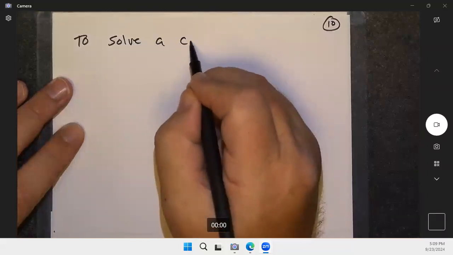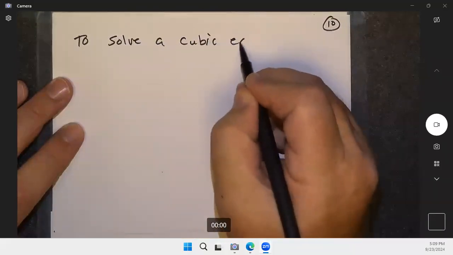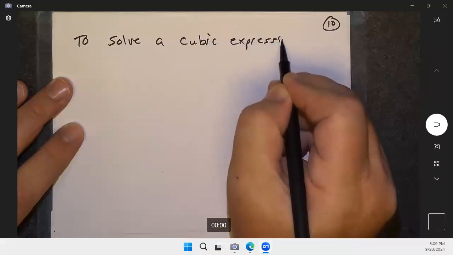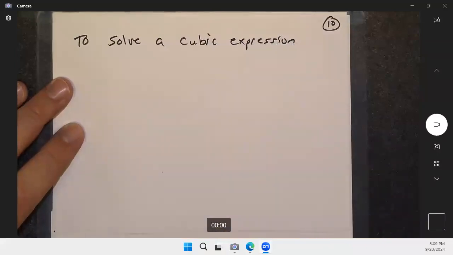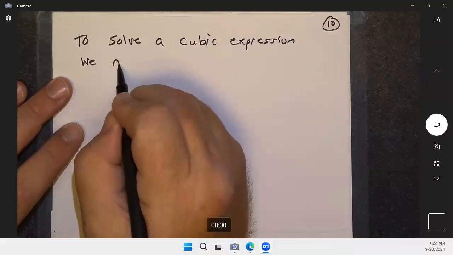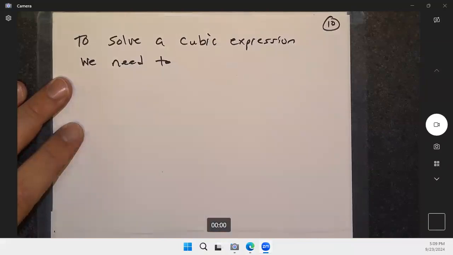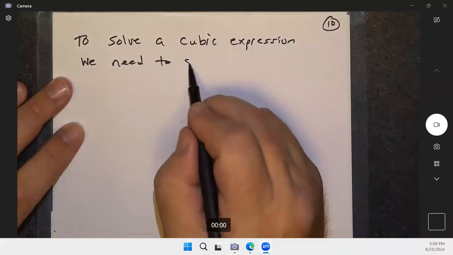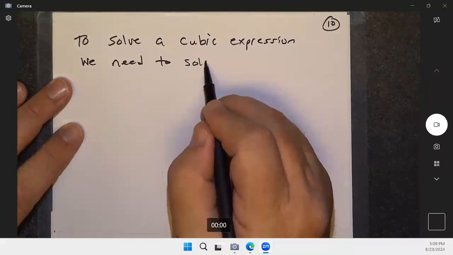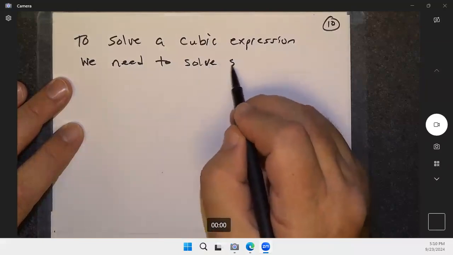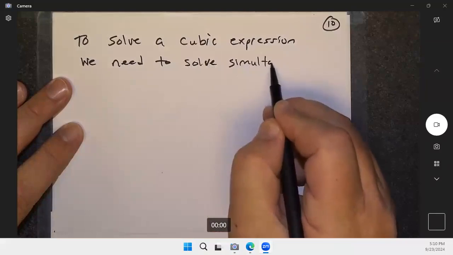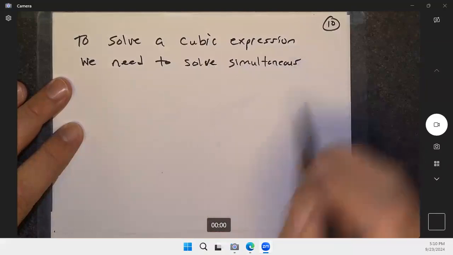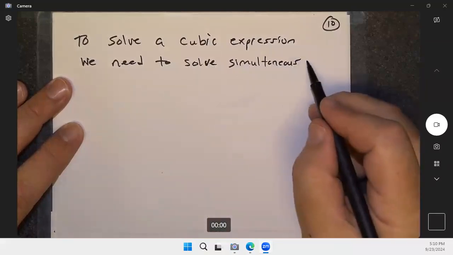To solve a cubic expression, we need to solve simultaneous equations.